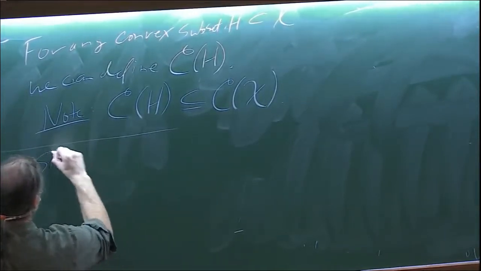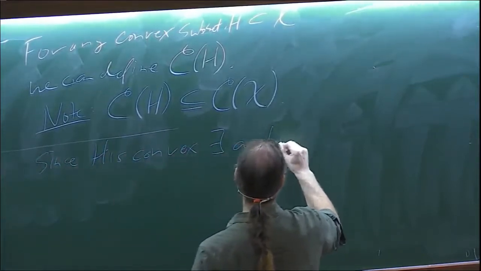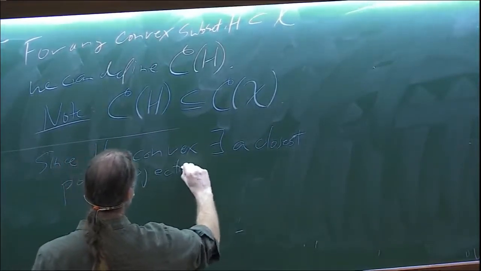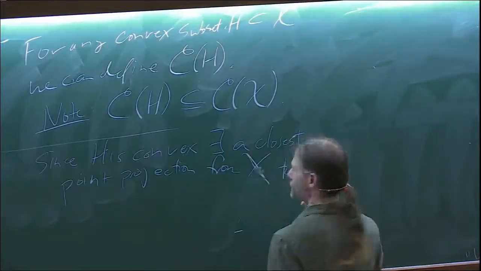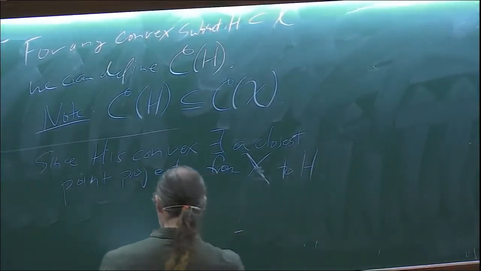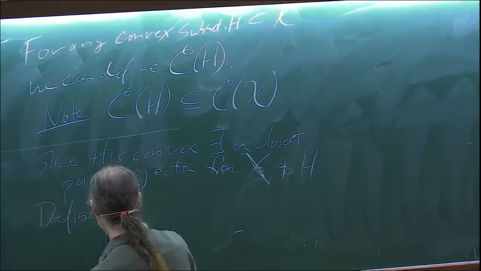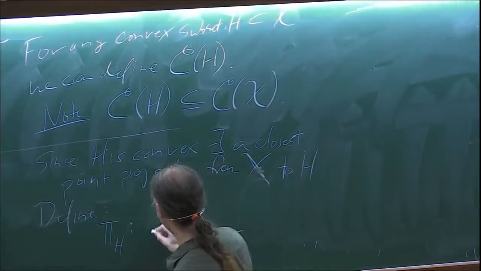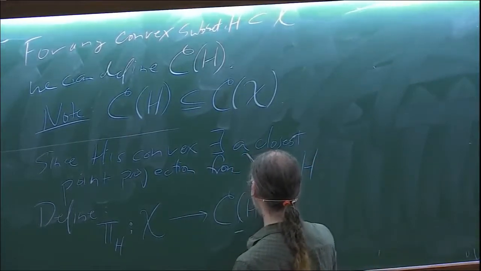So since H is convex, there exists a closest point projection map from X to H. All right, so given that, what we're going to do is define pi sub H, which maps our original space to the contact graph of H.